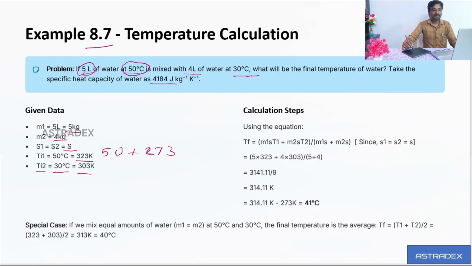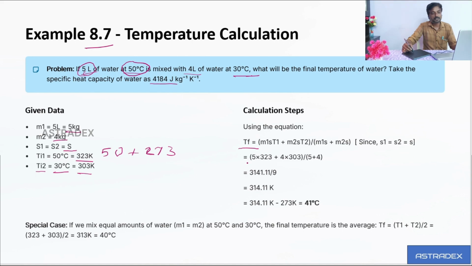What is the formula used for this final temperature of the calorimeter? Tf will be equal to (M1 S1 T1 plus M2 S2 T2) whole divided by (M1 S1 plus M2 S2). Here, instead of S1 and S2, we have taken S. Then we have to substitute.